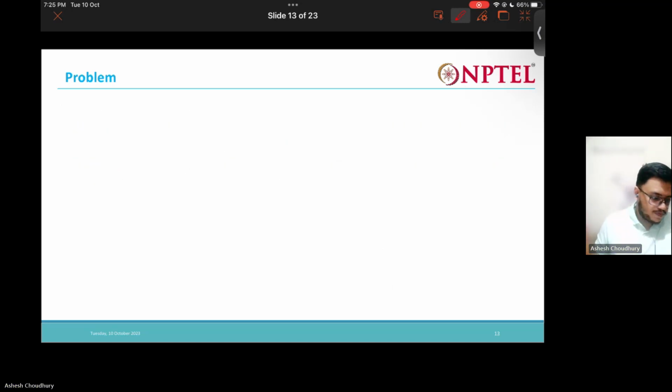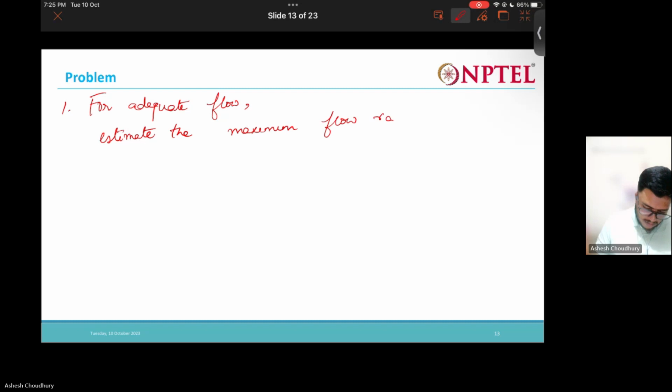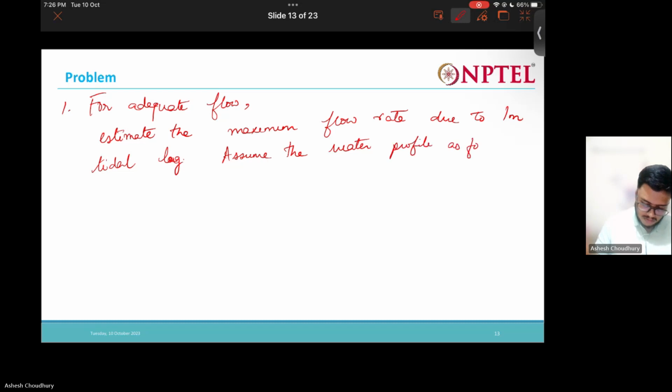What we will do, first we need to find out the adequate flow. We are going to assume a water profile first.